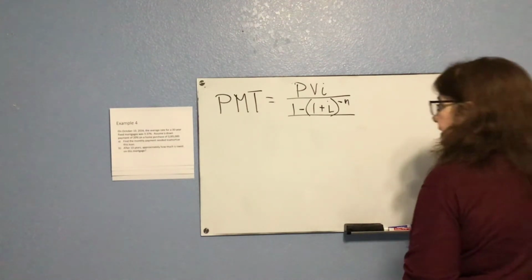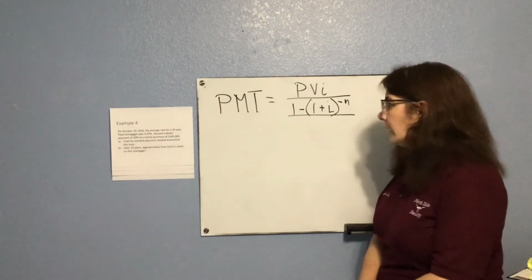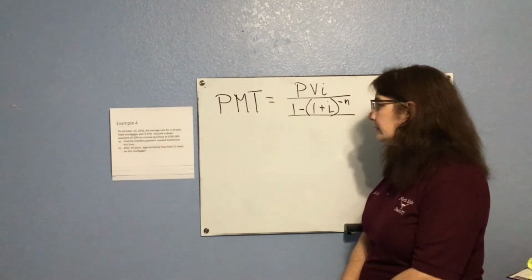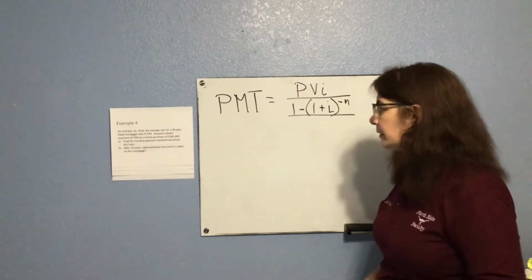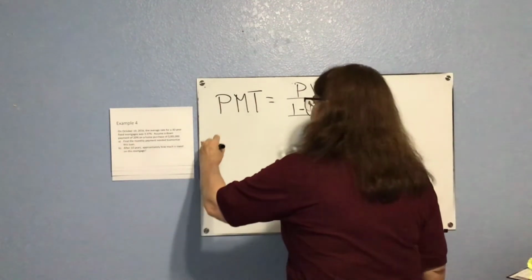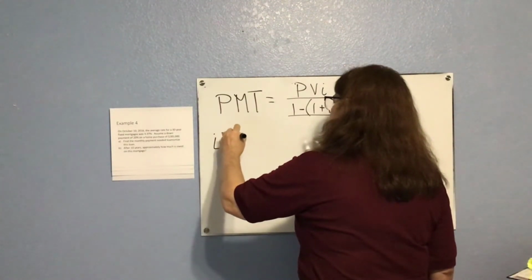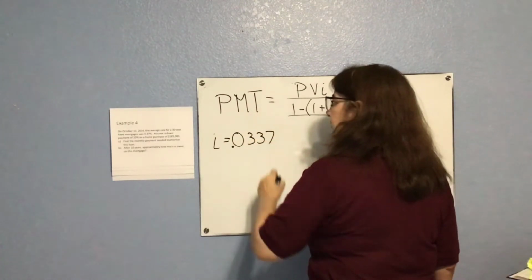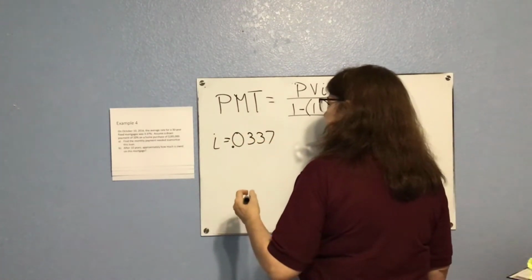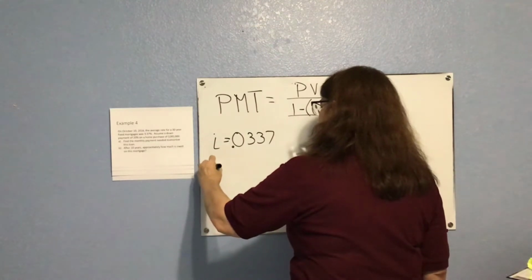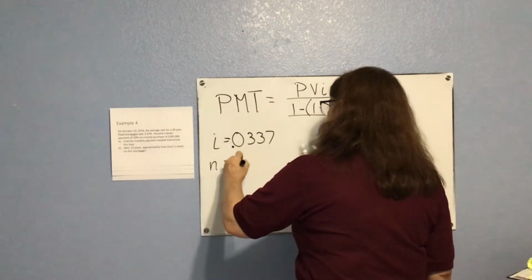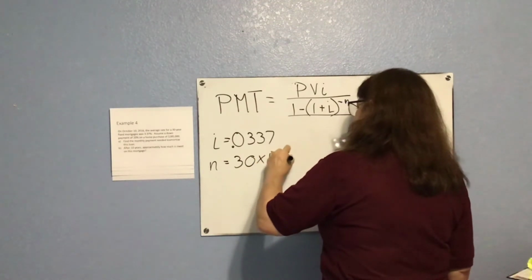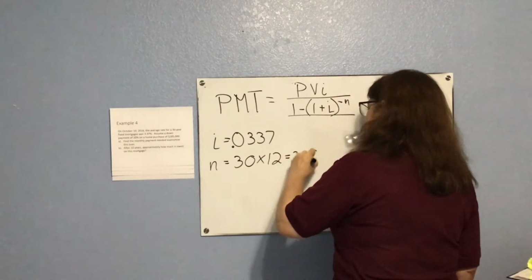Okay, let's look at an example. On October 10, 2016, the average rate for a 30-year fixed mortgage was 3.37%. So I'm going to write that down, 0.0337, and we're going to go with a 30-year mortgage, making monthly payments, so 360 payments altogether.